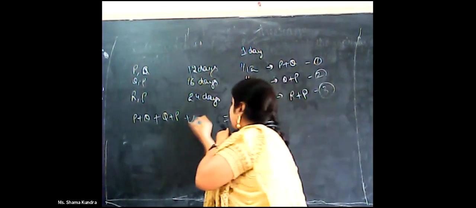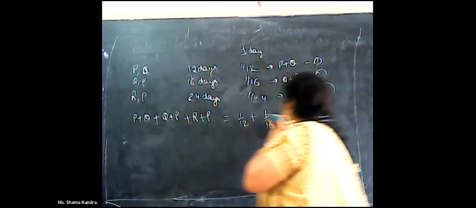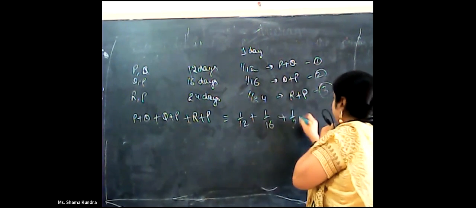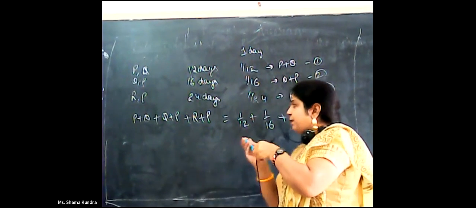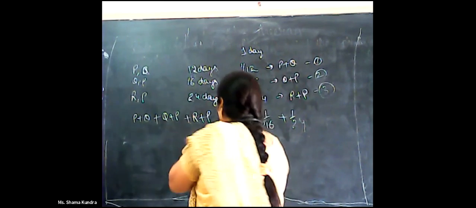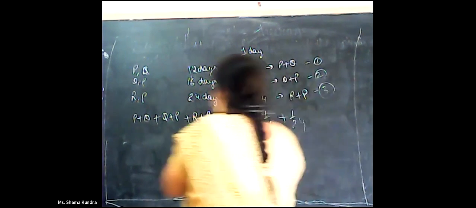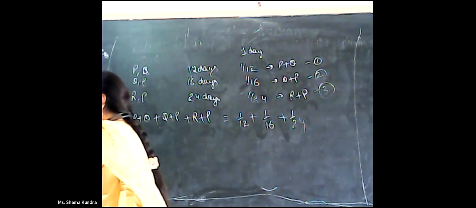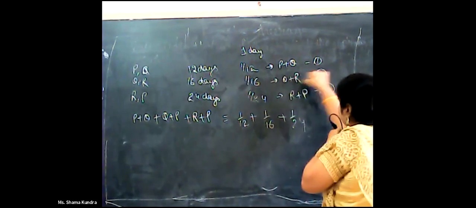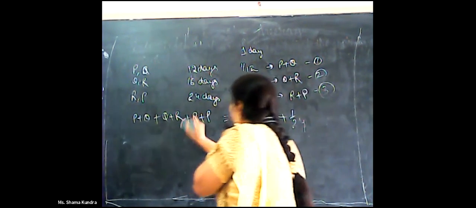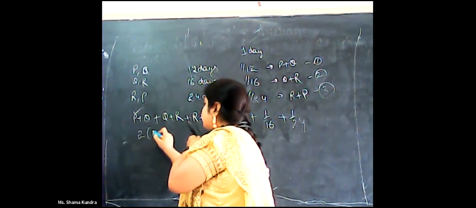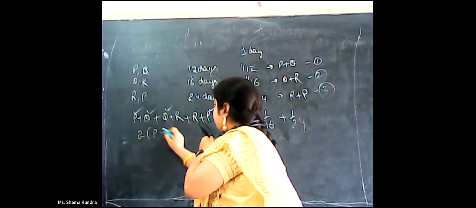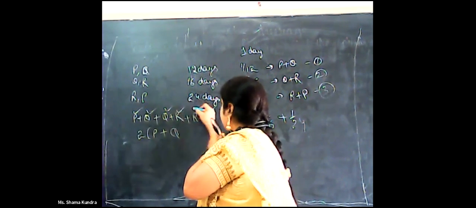Then R plus P, and then here it is 1 by 24. Now on adding, clearly observe P is coming 2 times. P, Q, and here it is R. R. Now P and P, so 2 times P. Q and Q, 2 times Q. R and R, 2 times R.